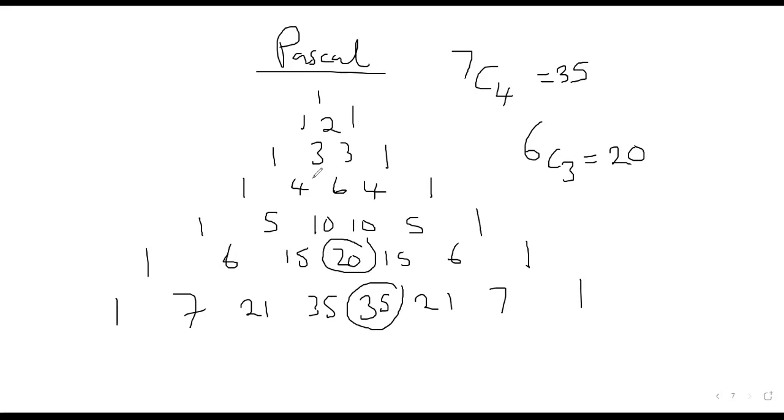All right. So I ask, what is 4 combination 2? From the table, what is 4 combination 2? 6. Yes, 0, 1, 2, 6.